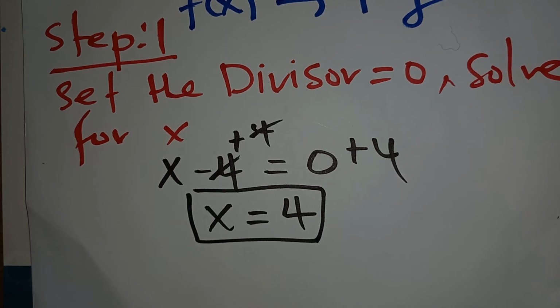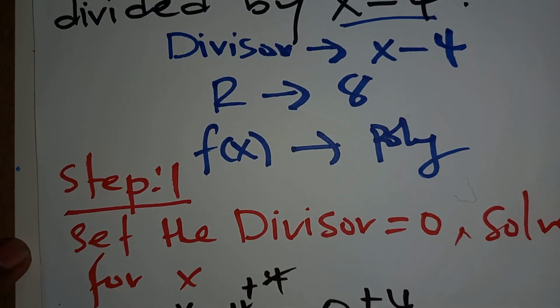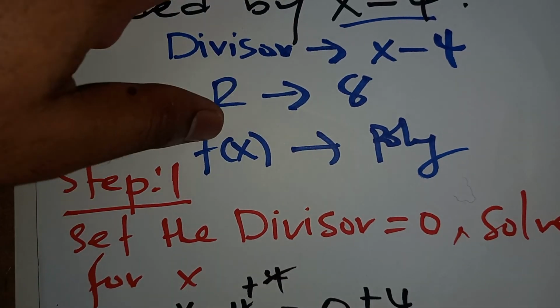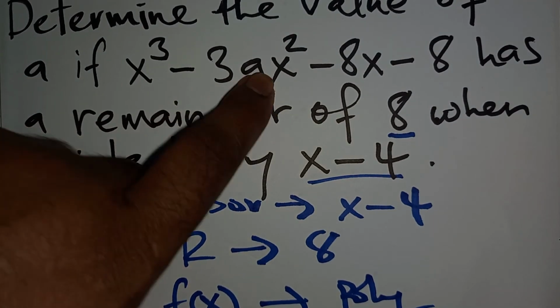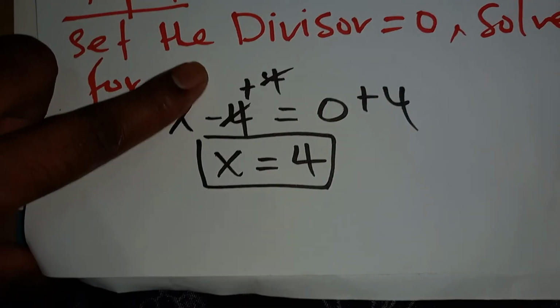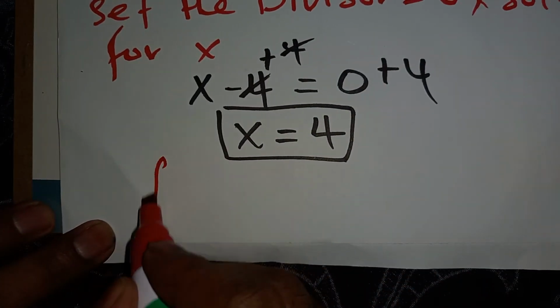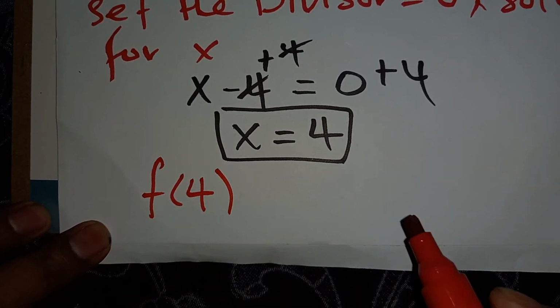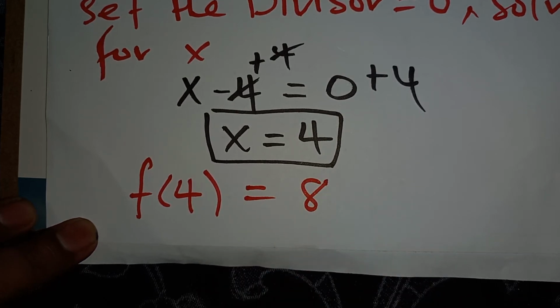Now what I'm going to do, I'm going to substitute this value of x into this function here, and I already know the remainder, which is 8. So that means if I do f of 4, right, my remainder will come to 8.